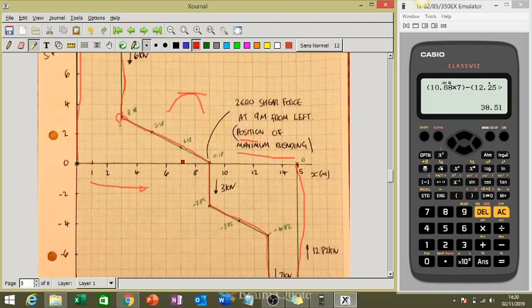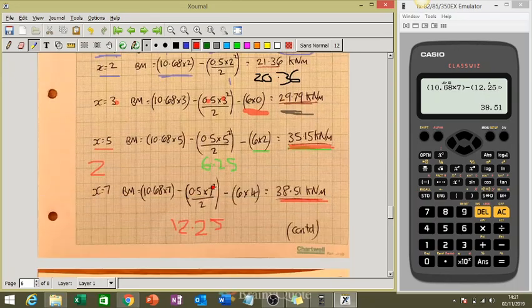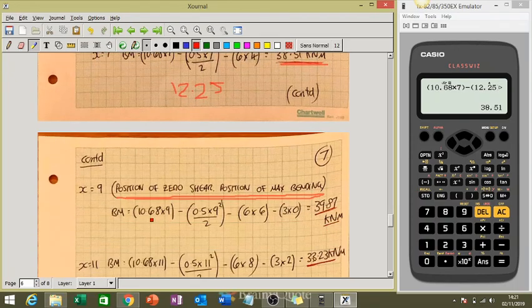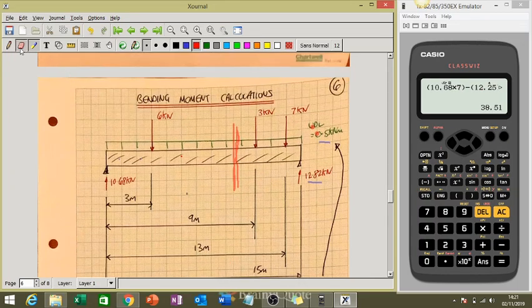So once you've found the maximum bending moment, that's the important point. So x equals 9. I've got the moment produced by that force, that moment produced by that force, and all of this UDL.